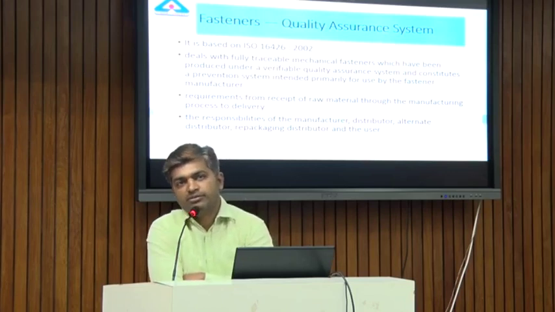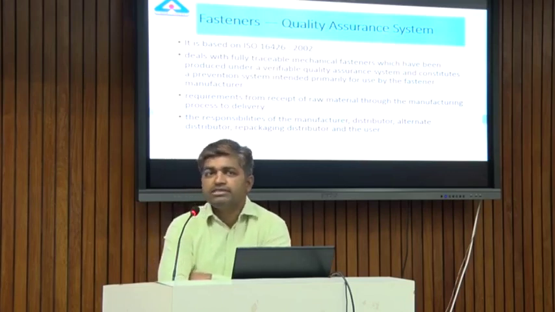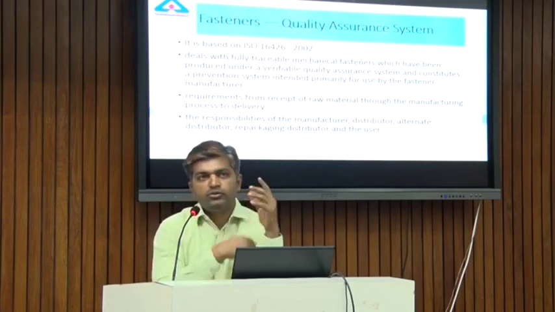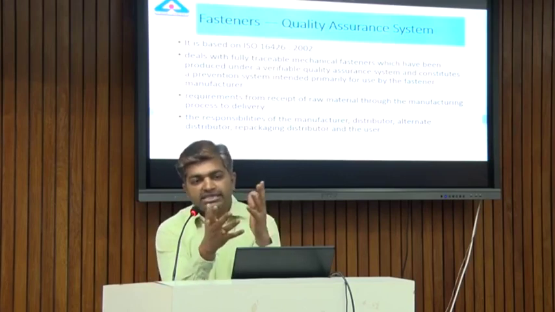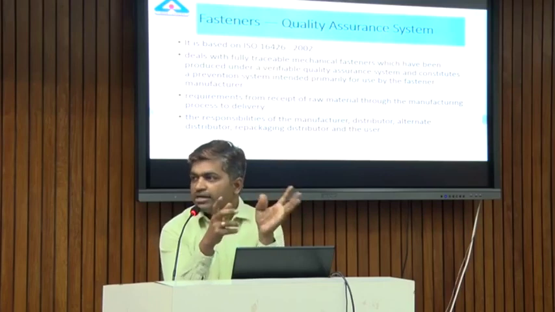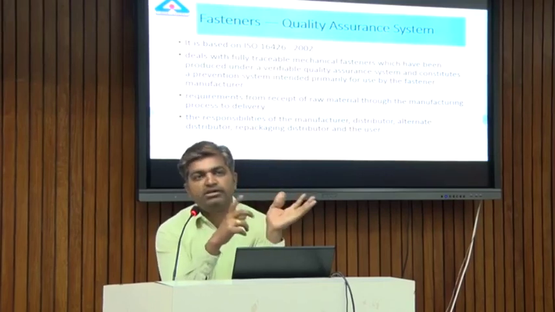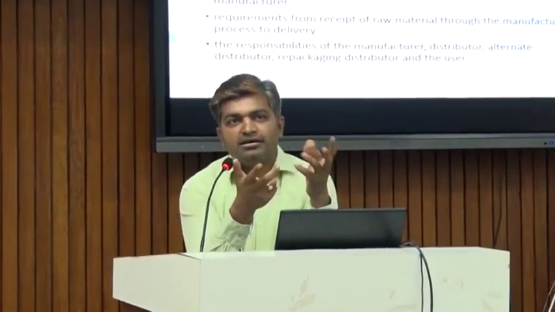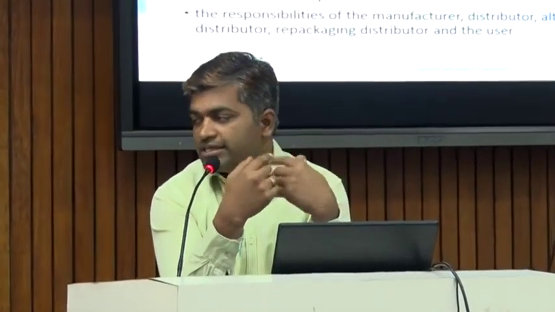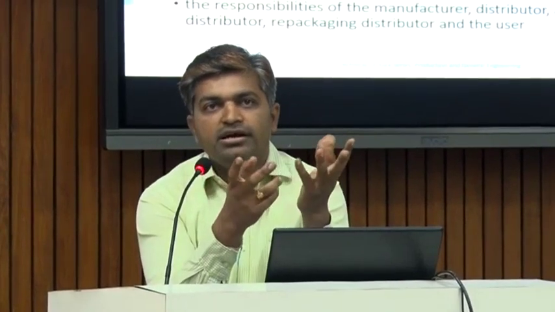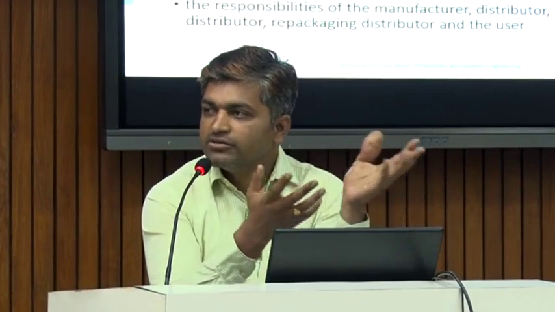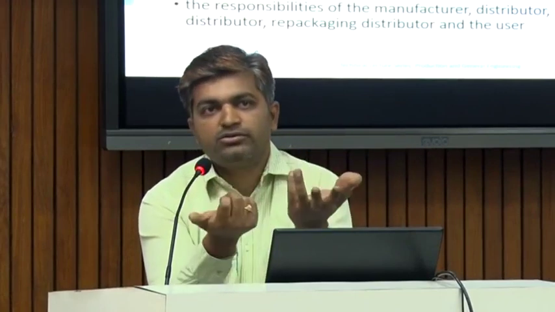Then comes the distributor. There are three kinds of distributors. One, the distributor who changes or alters the product and then gives it to the user. The next one is who repacks the product and then gives it to the user. And the third who sells it as it is, as received from the manufacturer, and then gives it to the user.